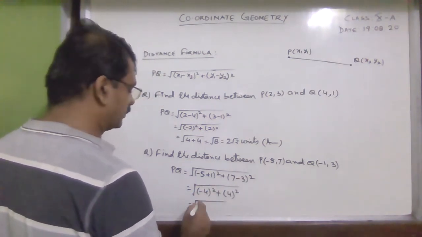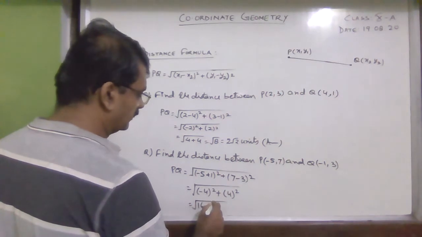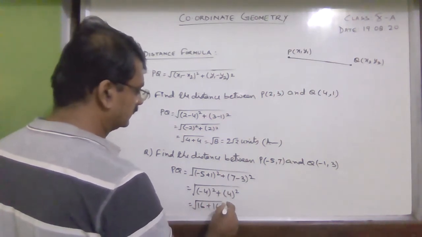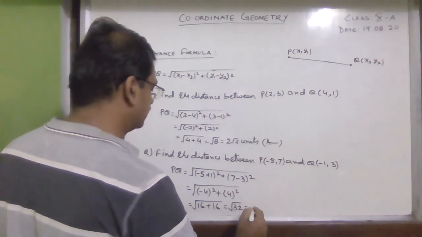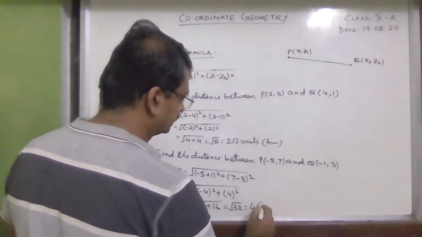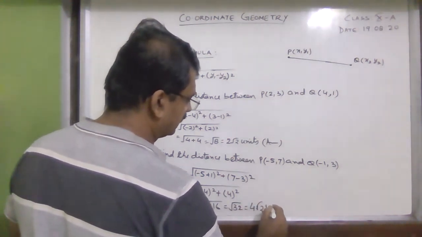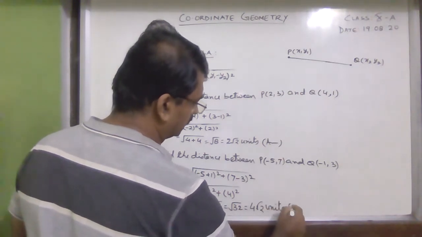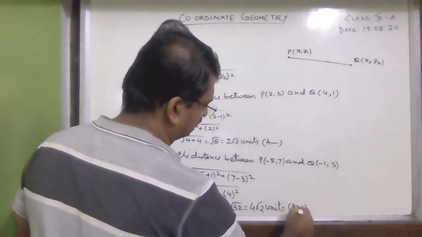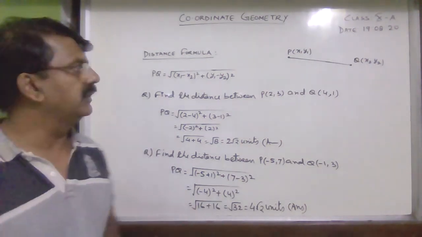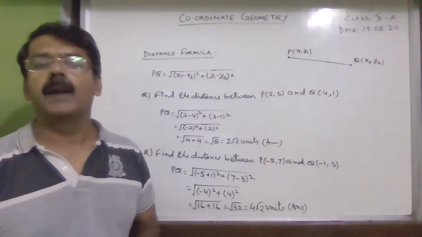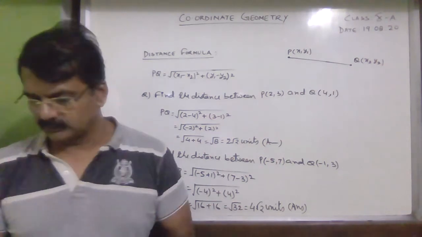Now minus 4 square is 16. 4 square is 16. So root 32. That is 4 root 2 units is your answer. Clear? So this is how we can find the distance between P and Q.